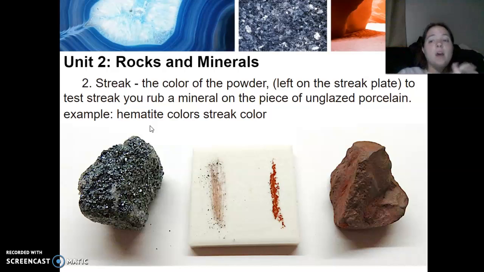You can't go by the color of the actual mineral, because on the left you have this darker, almost black, shiny looking hematite, and on the other side you have this earthy looking red hematite. But when you scratch, they both have a red streak, although the one on the left is a darker, almost black color with red hues, but they're both red.